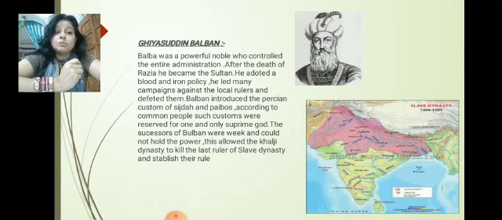Balban introduced the Persian customs of Sijda and Paibos, which, according to common people, were reserved for one supreme God. The successors of Balban were very weak and could not hold the power. This allowed the Khalji dynasty to kill the last ruler of the Slave dynasty and establish their rule.